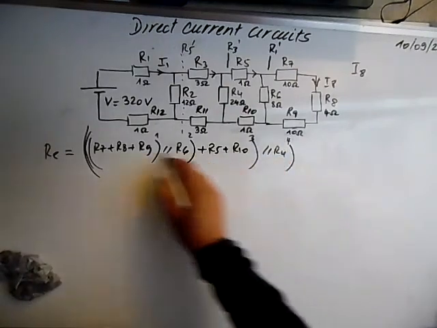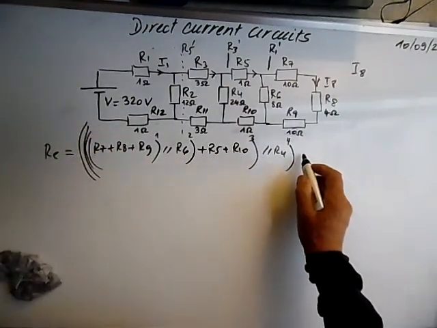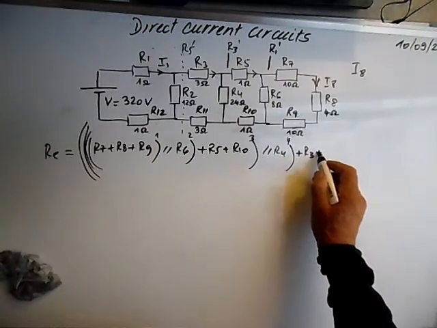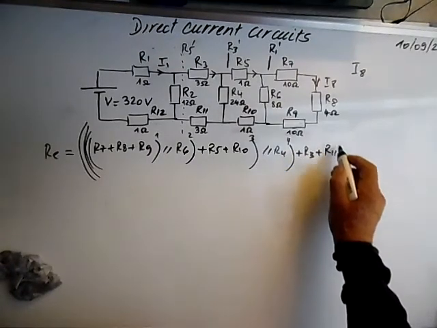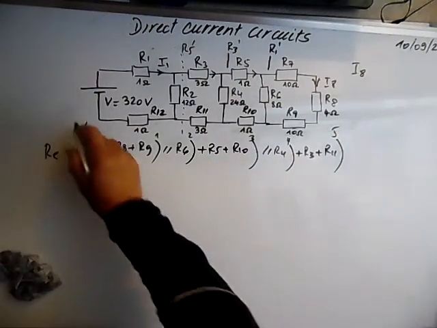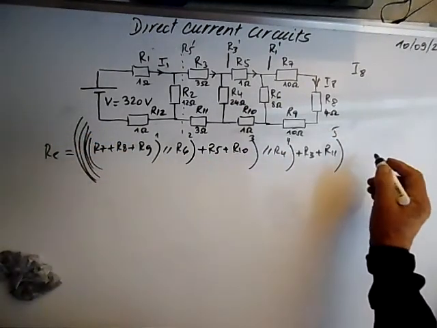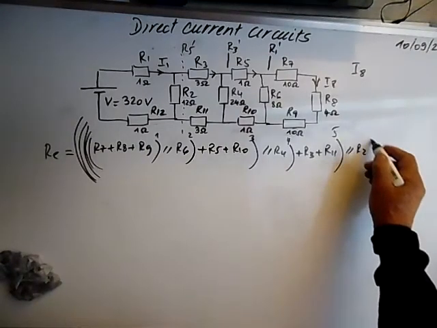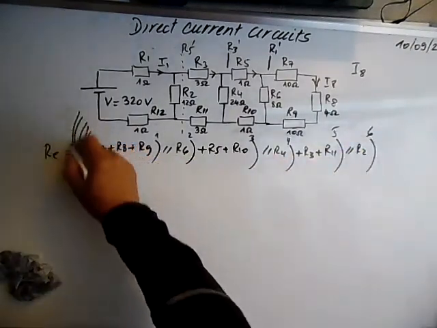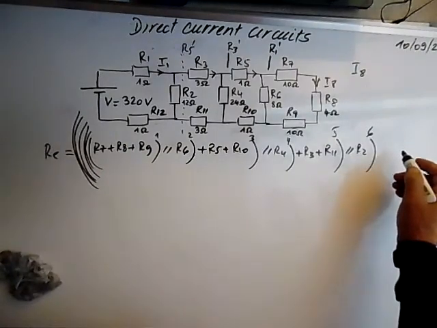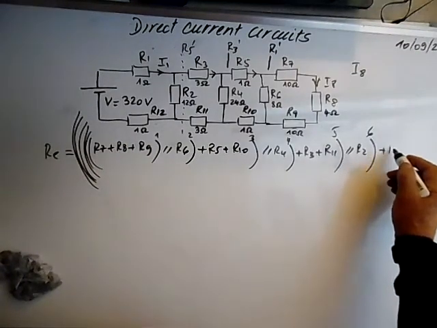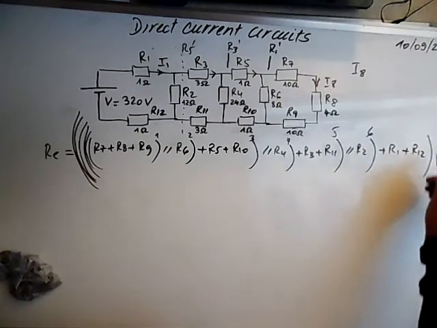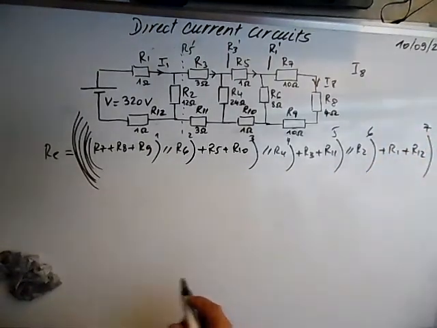This is the fourth step. And later we add R3 and R11. This is the fifth step. And now they are in parallel with R2, sixth step. And the last step is we add R1 and R12, and this is the equivalent resistance.